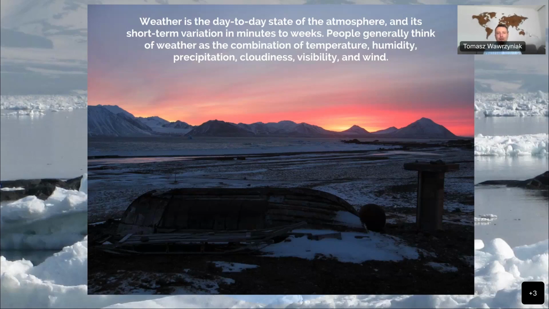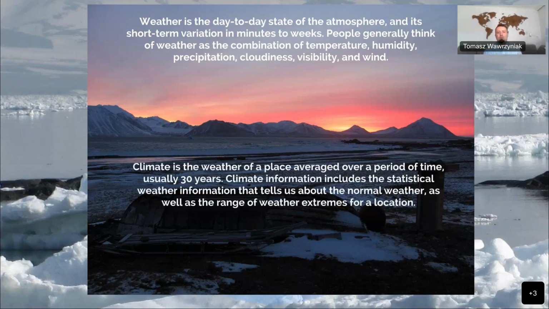People think about the weather as the combination of air temperature, humidity, precipitation, cloudiness, visibility and wind. But once we observe those variables for a long time, at least 30 years, we can get the information on the statistical weather, average weather, for example, and normal conditions, and also on extremes for different locations.